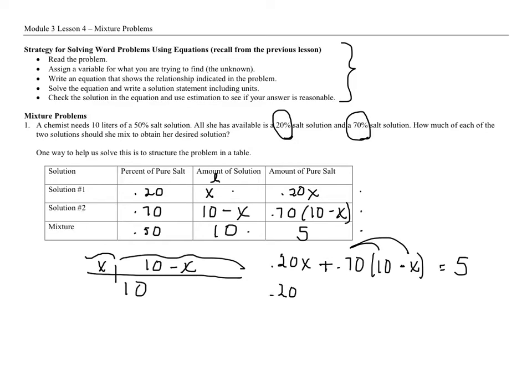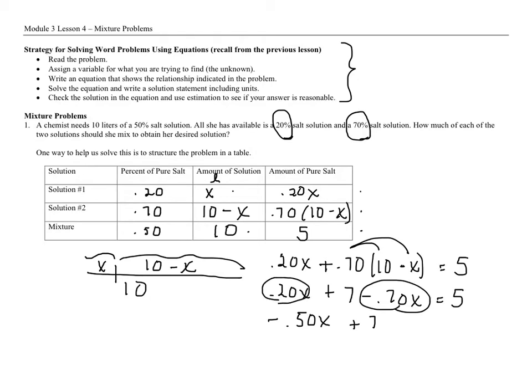So 0.20x, and then I'm going to multiply: 70% of 10 is just going to be 7, minus 0.70x, is equal to 5. So don't break out in a cold sweat yet, since we're going to have a negative here. It'll be negative 0.50x plus 7, because I combine like terms on a side.